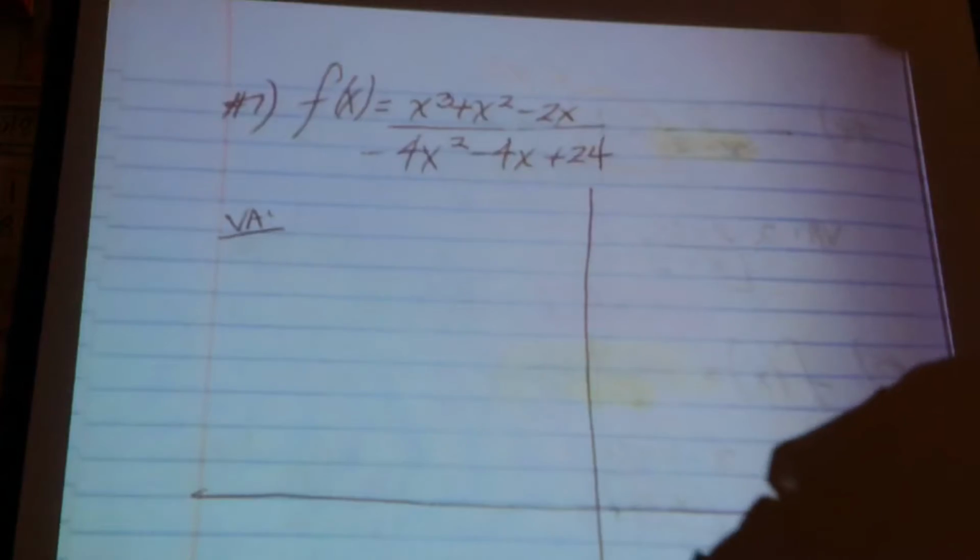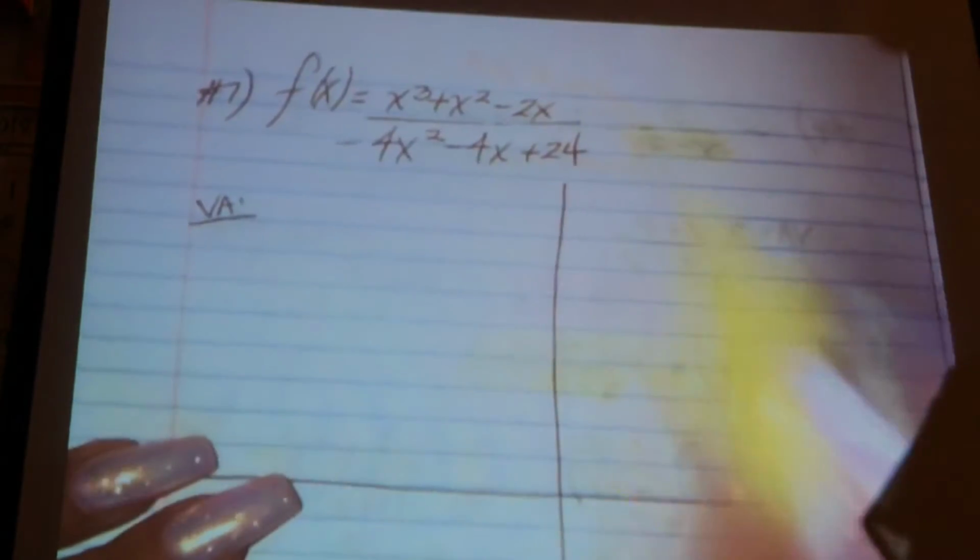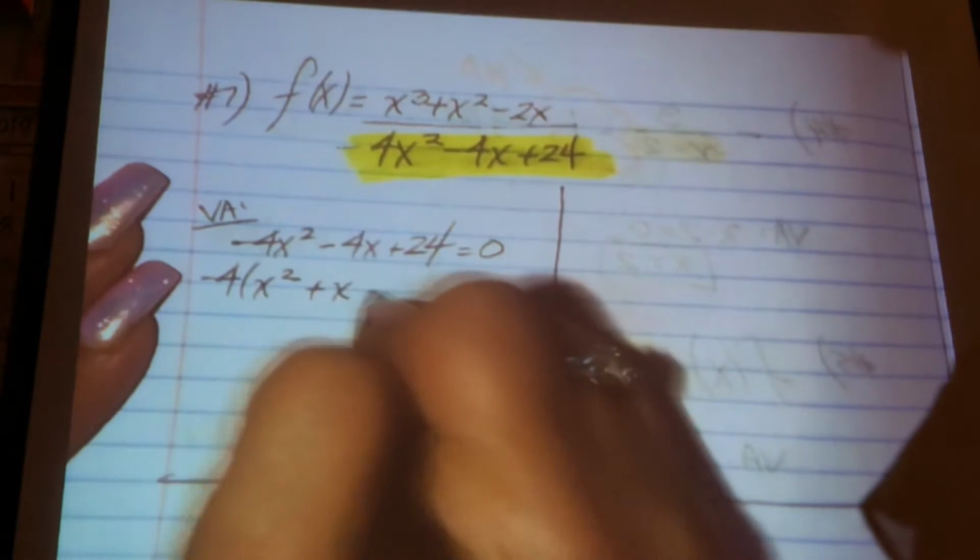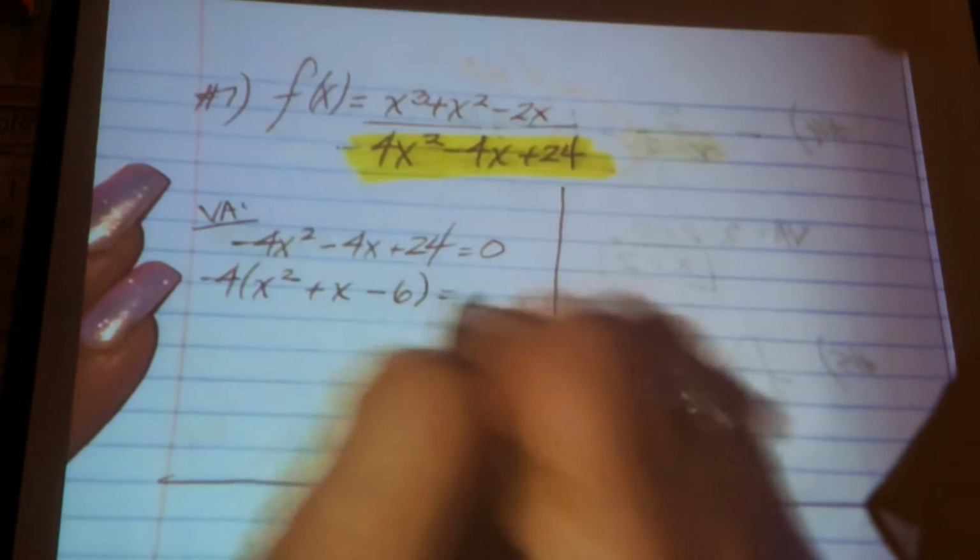What do I set equal to 0 for a vertical asymptote? The denominator is equal to 0. So I have negative 4x squared minus 4x plus 24 equaling 0. I can factor out a negative 4, and I'm left with x squared plus x minus 6 equaling 0.